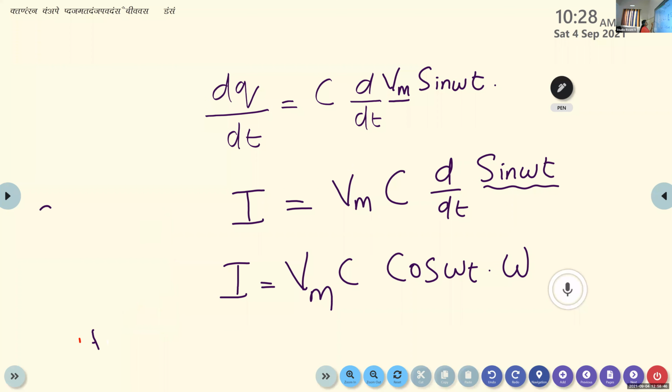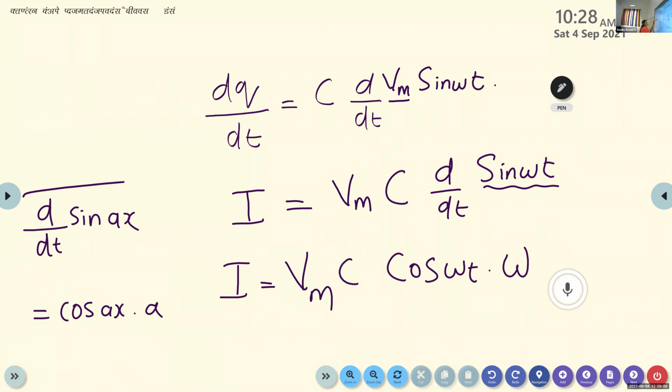So this is the general equation that we use here to solve d by dt of sin omega t. The derivative of sin ax, d by dt of sin ax, is equal to cos ax into a. Similarly, instead of this ax, here we have omega t. So d by dt of sin omega t is equal to cos omega t into omega.